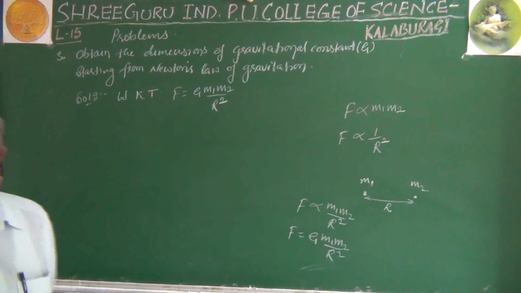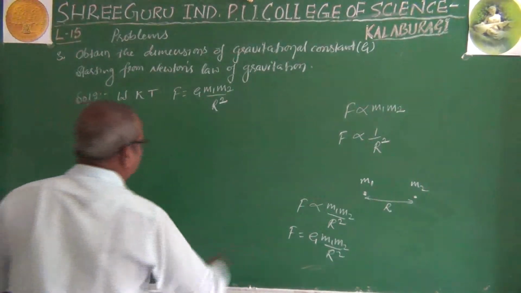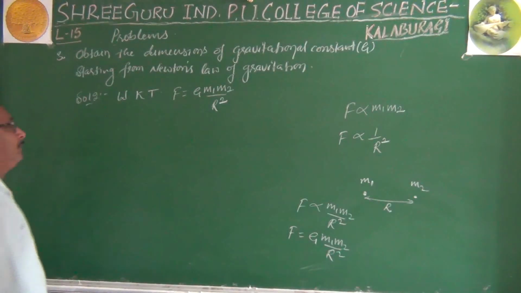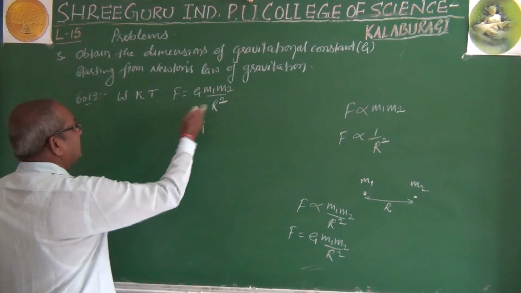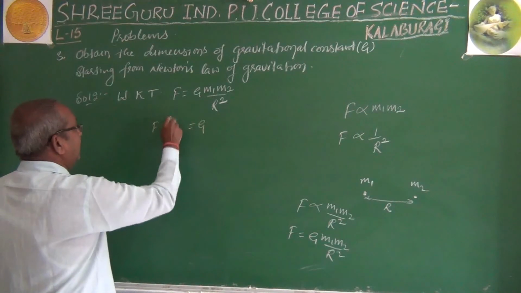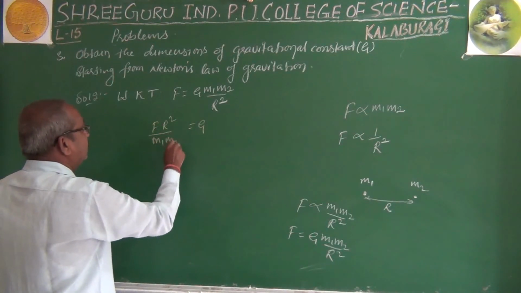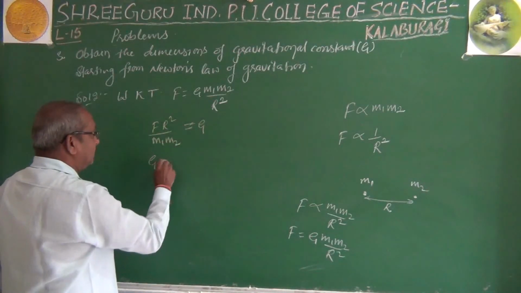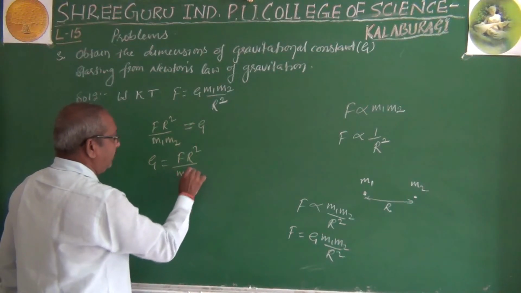This should be known. Now we want to find G, so that should be taken to the LHS. By simple mathematical rules we simplify: G equals F r square divided by m1 m2. We write it as G equal to F into r square divided by m1 m2.